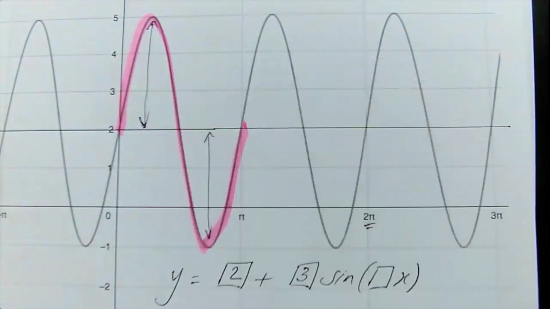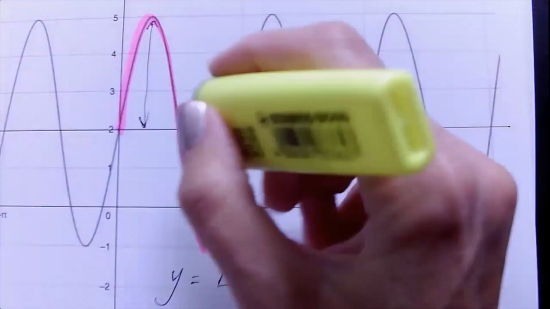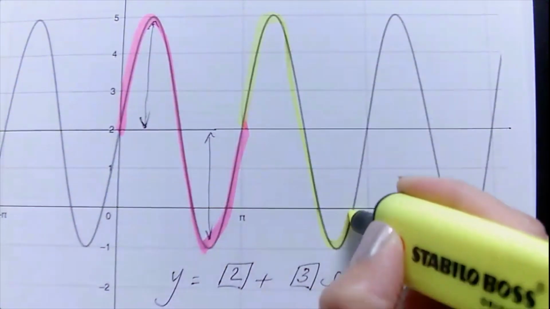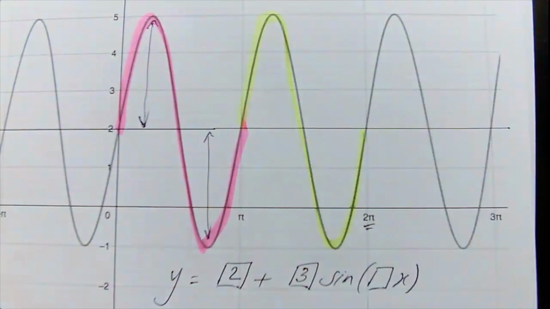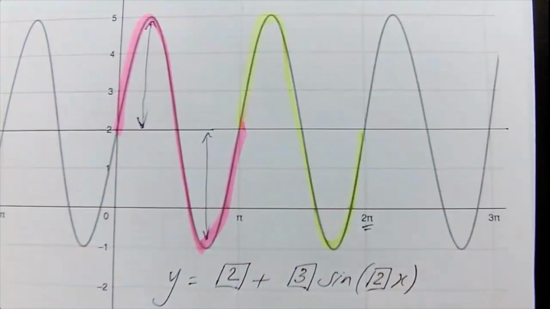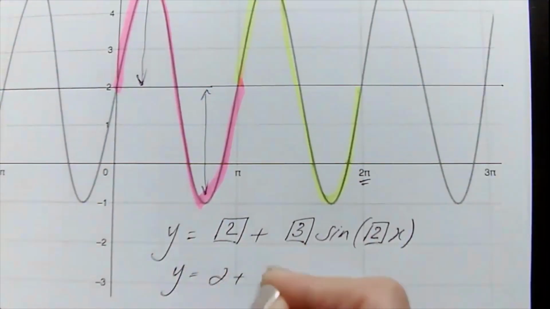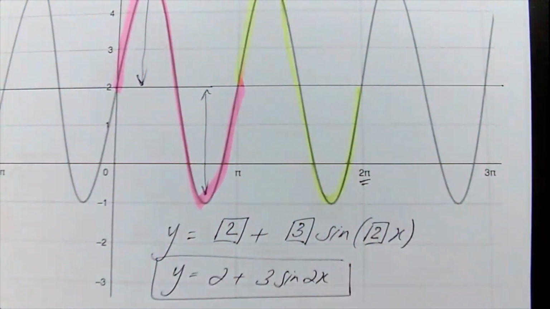How many of those appear in my original period of 360 degrees or 2 pi? And I have, of course, 2 of them. So there we go. So the period is actually pi. The c value is 2. So y equals 2 plus 3 sine 2x is that function.